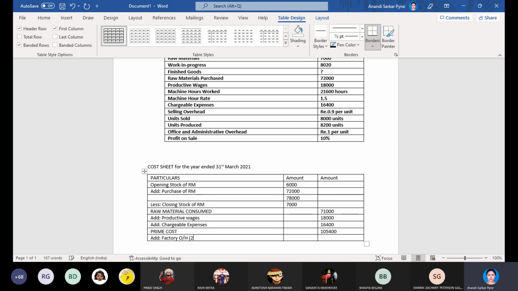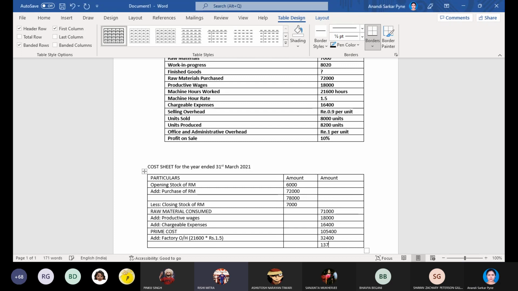Machine hours worked is 21,600 multiplied by 1.5 rupees, which is 32,400. If we add 32,400 with 1,05,400, we get 1,37,800.